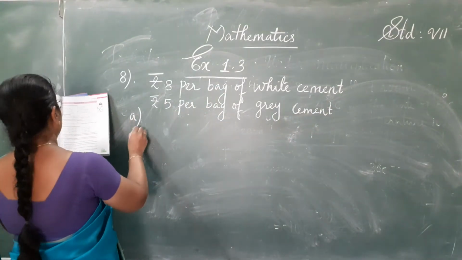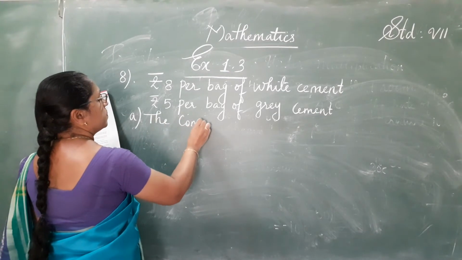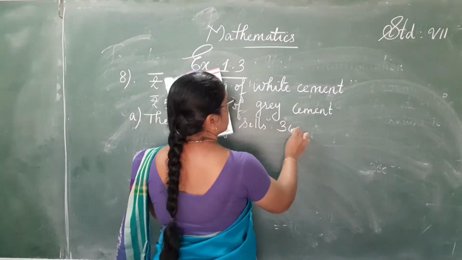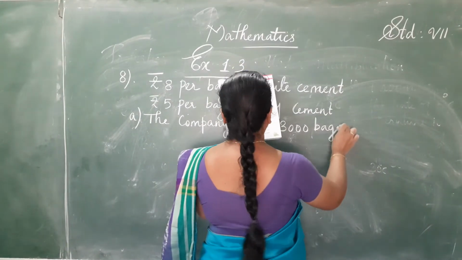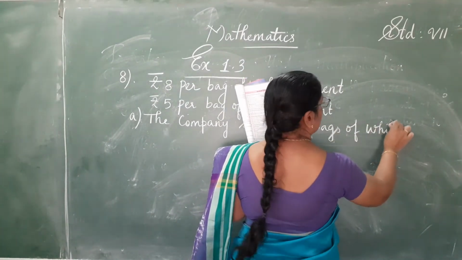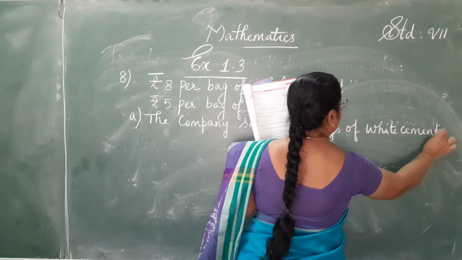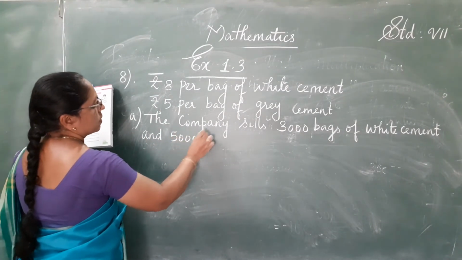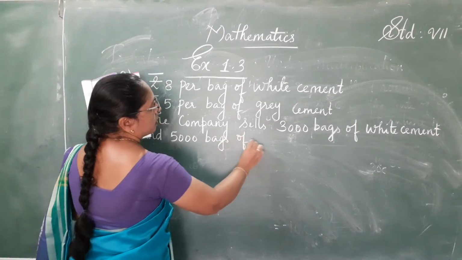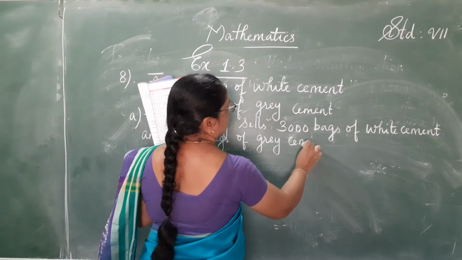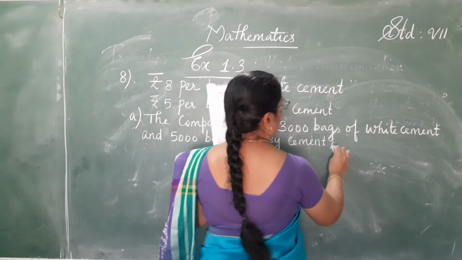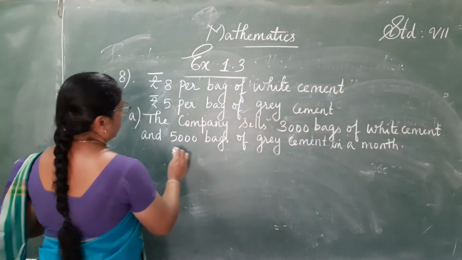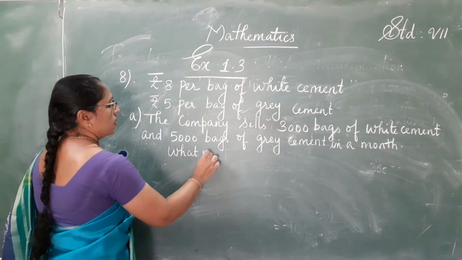Okay, so part A. The company sells 3,000 bags of white cement and 5,000 bags of grey cement in a month. What is its profit or loss?